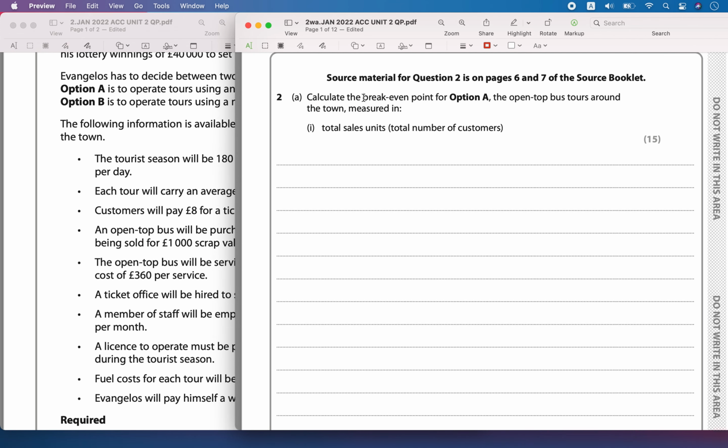So let's calculate that. First, what is the break-even point? The break-even quantity of customers.